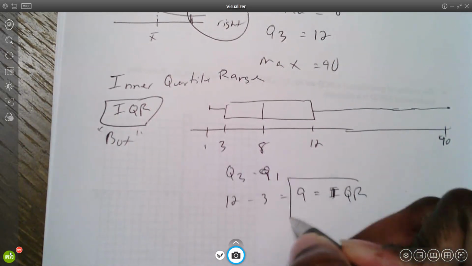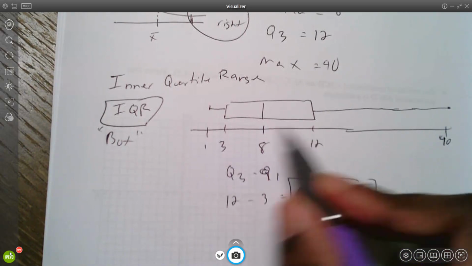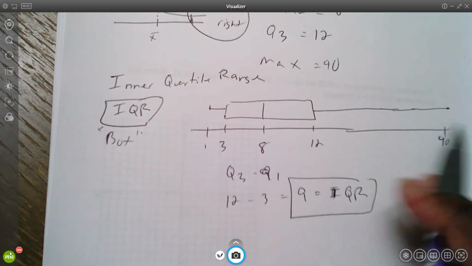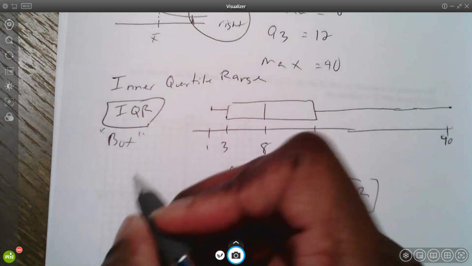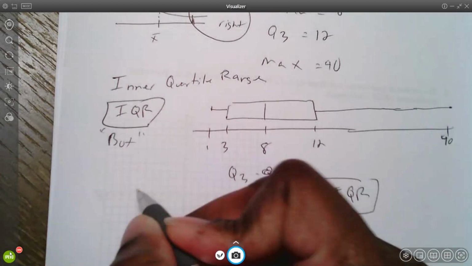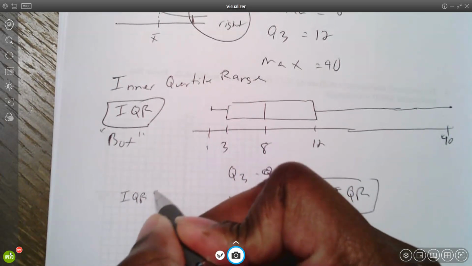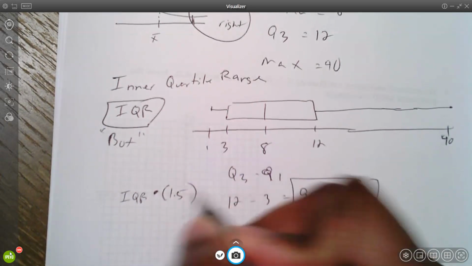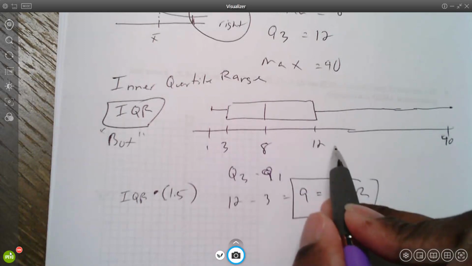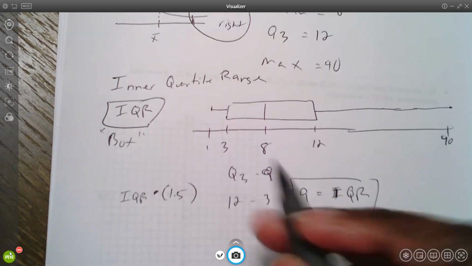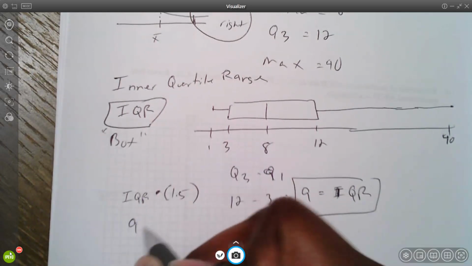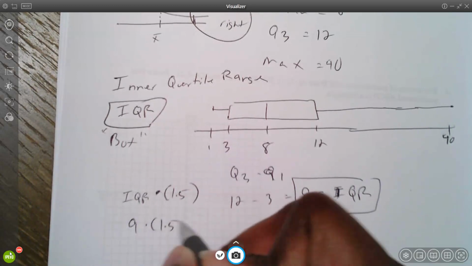It's our interquartile range, so that's from Q1 to Q3. To find out whether the data is an outlier, we take our interquartile range and multiply it by 1.5. We go out 50% larger than the box, basically. So we take our interquartile range, 9, and multiply by 1.5.